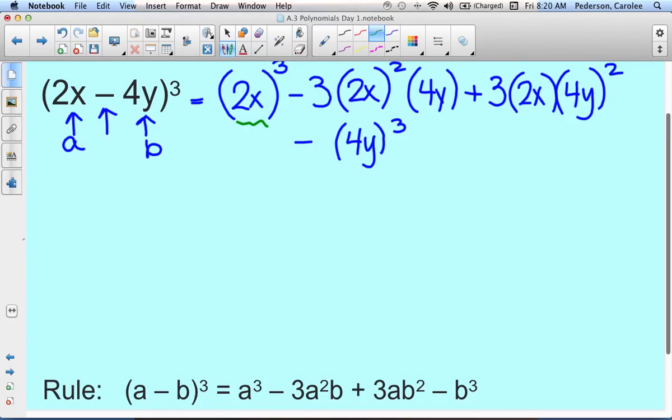So this first piece, 2x raised to the third, what that means is take 2x times 2x times 2x. So 2 times 2 times 2 is 8, and then x times x times x is x cubed. Then we have minus 3, and I'm going to take care of this piece next using my PEMDAS.